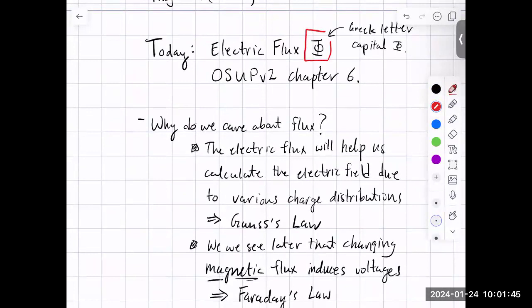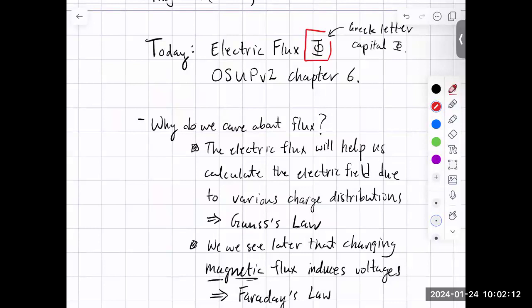Before we talk about what electric flux is, I thought we would take a moment to think about why we would want to understand this type of quantity. It's going to turn out that electric flux is a big part of developing a new method for calculating electric fields, and that new method is going to be Gauss's law.